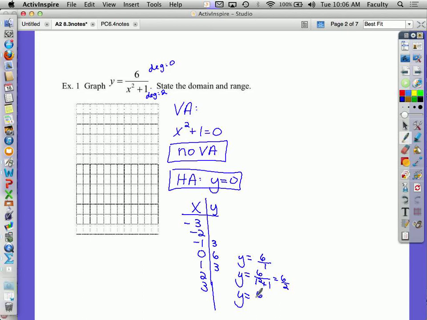Now let's plug in the 2. You should be able to do these without a calculator. This is 6/5, that's 1 and 1/5. And then let's plug in 3. I get y equals 6 over 3 squared plus 1. That's 6/10 or 3/5.